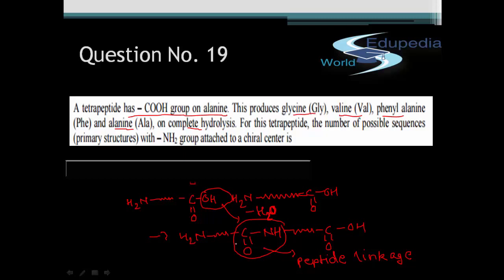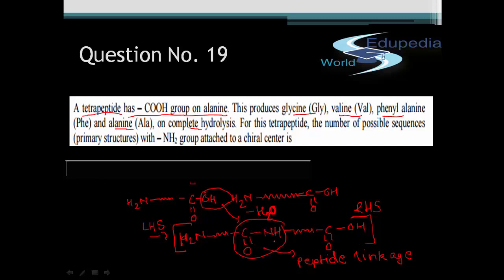Now, as per the IUPAC convention, in a peptide, the COOH group must be on the right hand side and the NH2 group must be on the left hand side. Since we have been given a tetrapeptide in the question, this means that 4 different amino acids are coming together and getting joined together.